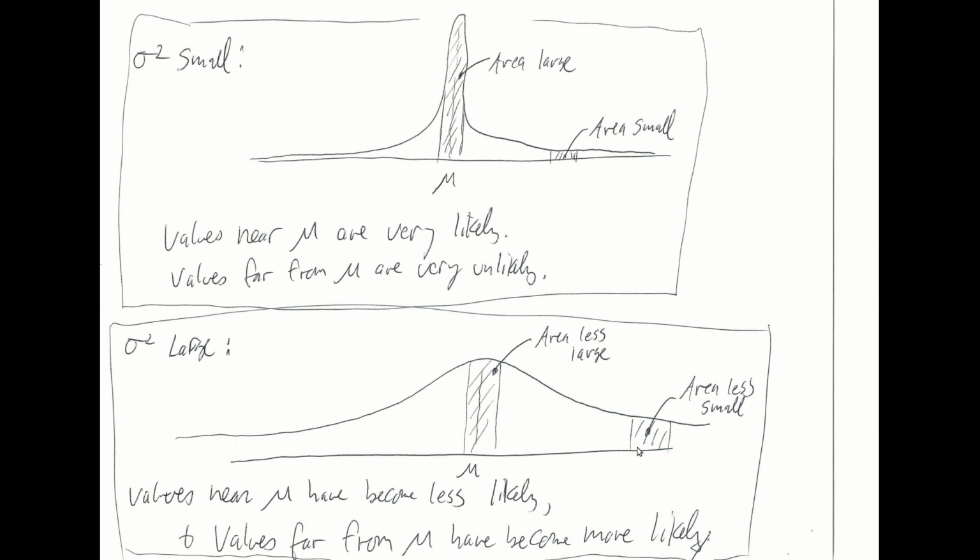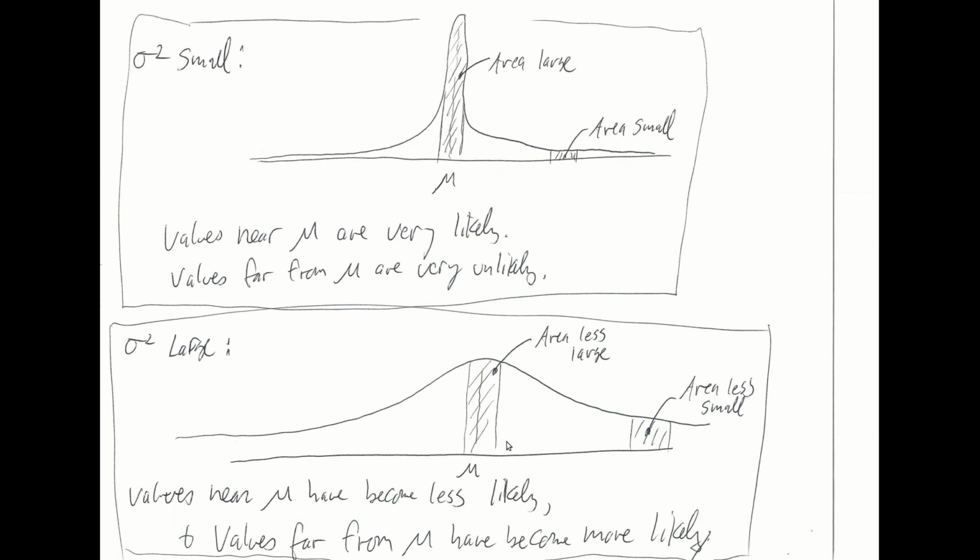And the likelihood of seeing values in this interval, which is far from the mean, is more likely. The area is less small. It's still smaller than this, but it is larger relative to that central region compared to the same situation in the picture above. So for sigma squared to be large, that means it's a high variance random variable.